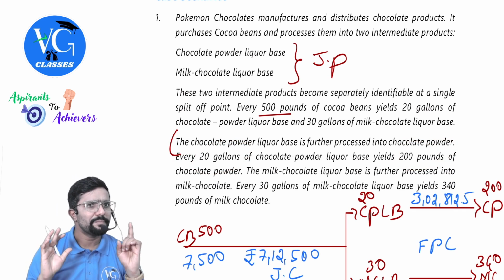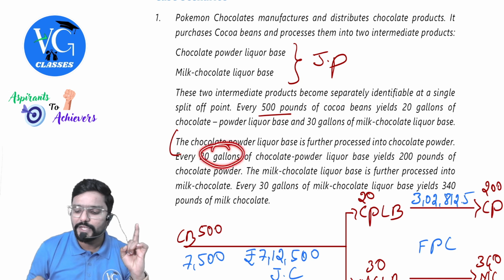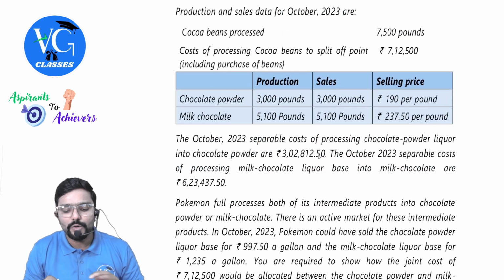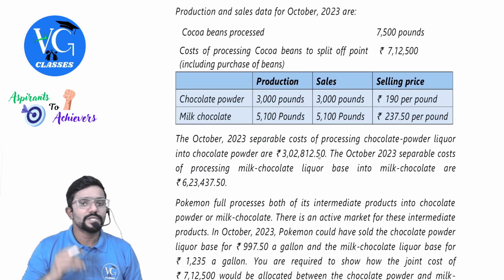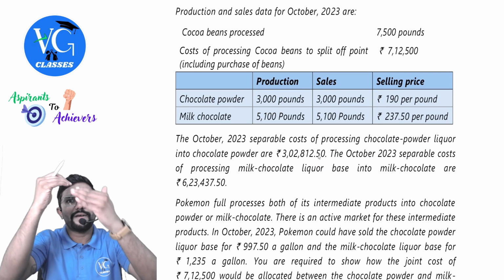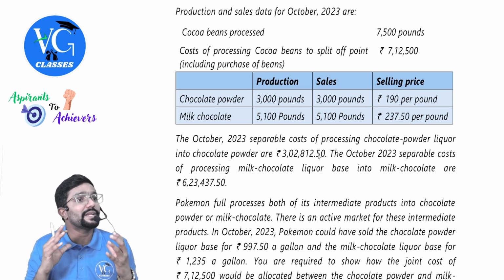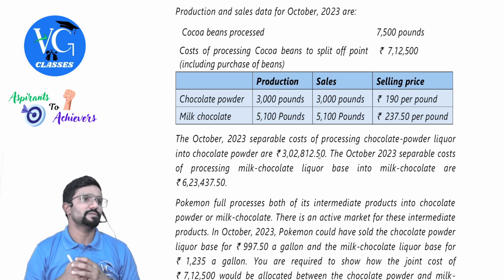Hope you guys are getting it. I repeat. 20 gallons will give you 200 pounds of chocolate powder. Do we know the total output of chocolate powder? Yes. So 3000 pounds divided by 200 pounds into 20 gallons. Now we will get the total gallons of intermediate product.